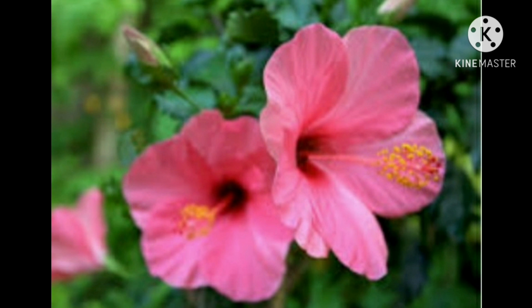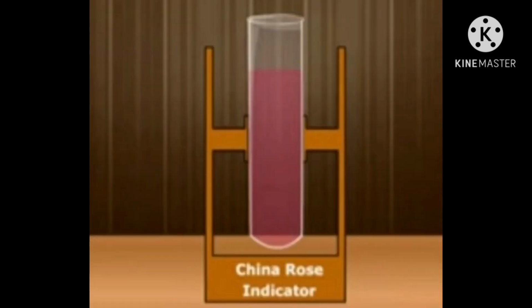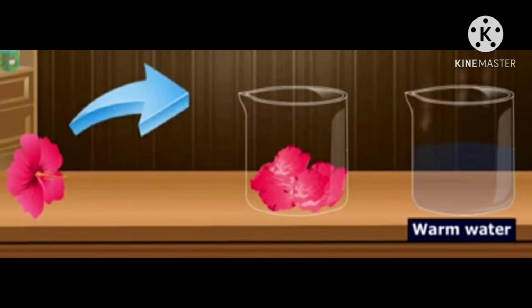China rose is also a natural indicator. China rose indicator is a light pink colored solution which is extracted from the red flowers of China rose plant with water. We can make the China rose indicator ourselves. Collect some petals of China rose flower and place them in a beaker and add some warm water.